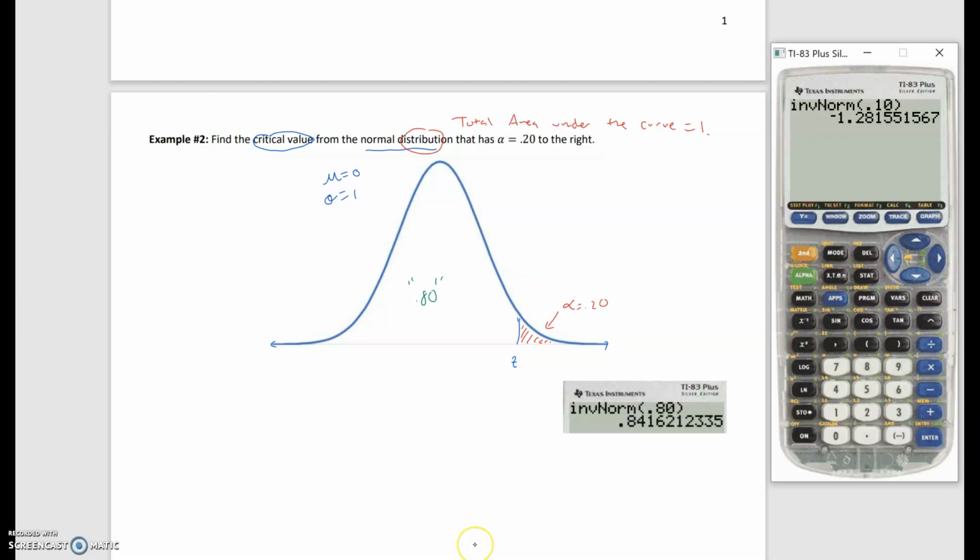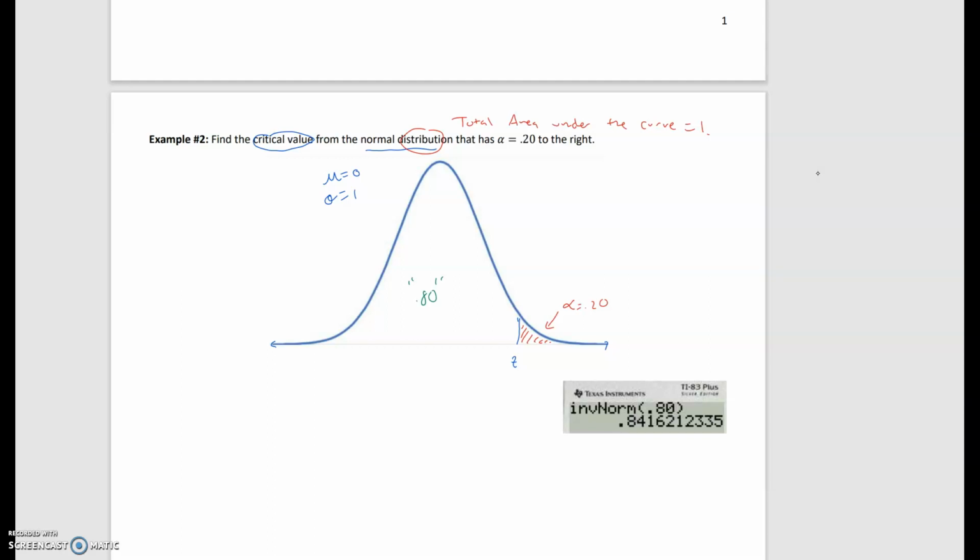The code only works with area to the left, so you would basically run it. I already have the code there, but let me just type it in so you see it. So this one will be 0.80, and your critical value is on the right, so 0.84. If you input 0.20, your critical value is going to be given on the left. By symmetry, it's the same value, but technically it's going to be on the right-hand side. So in this case, 0.84.